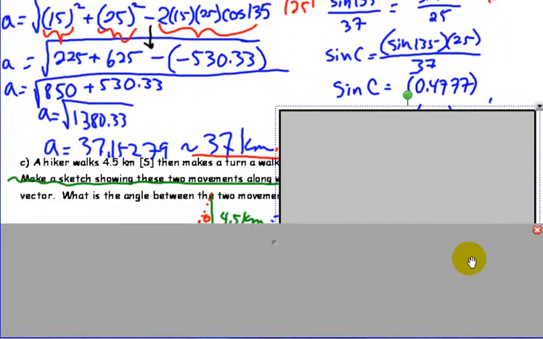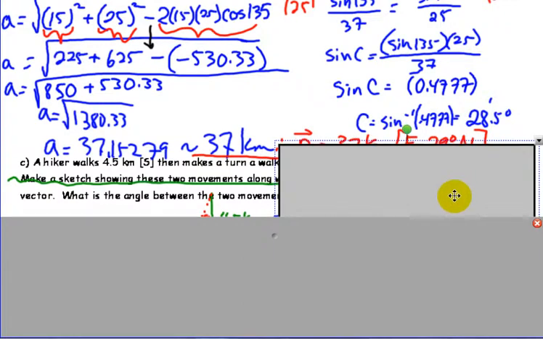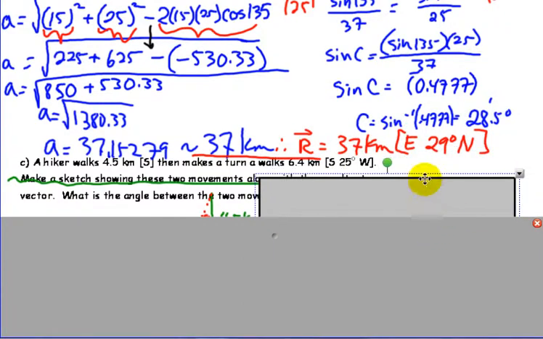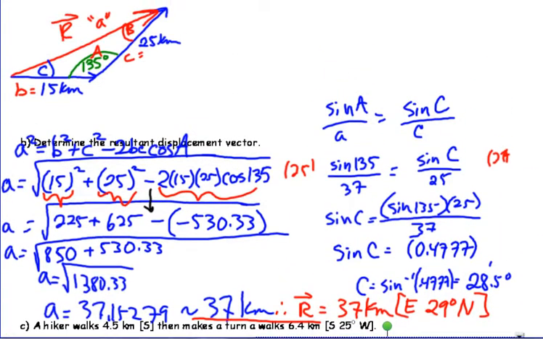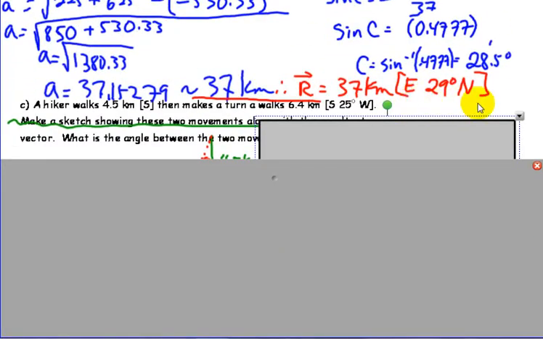And of course, take the inverse sine of that, and I get 28.5 degrees. And like over here, I rounded it off to 2 digits, 29 degrees. And if we take a look at our direction, east, and then that angle measure, north. So east, north is the direction, and that angle is going to be 29 degrees.